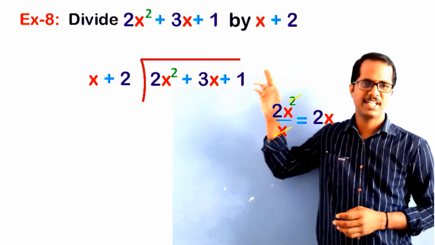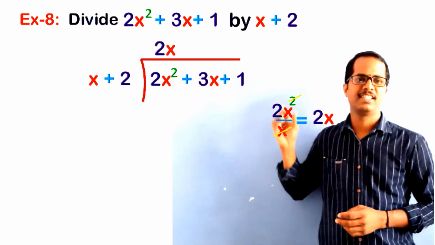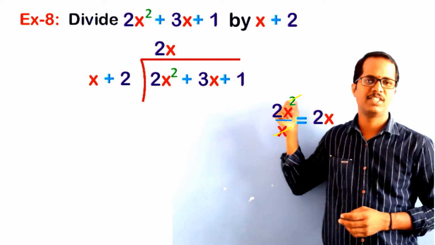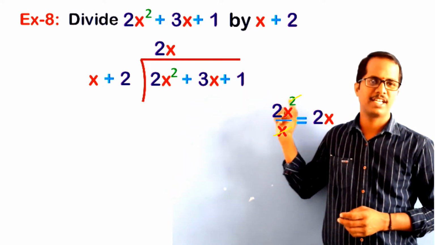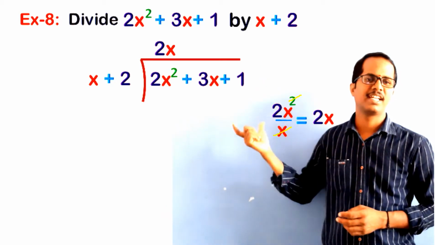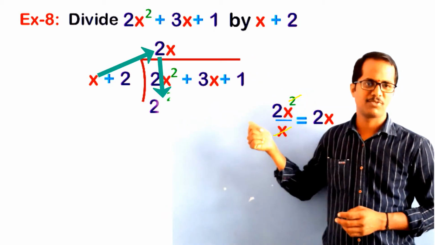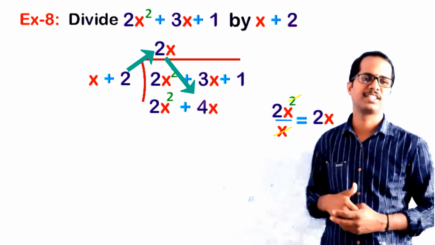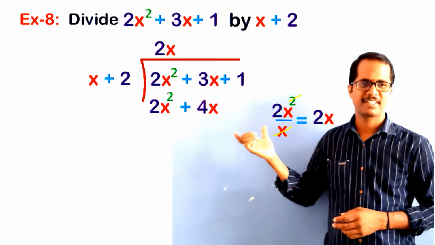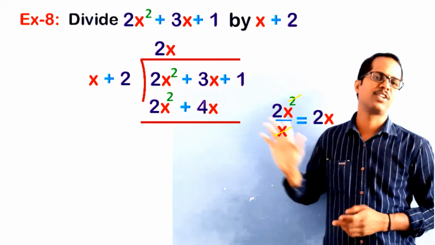Let us write 2x in the quotient and multiply this 2x with the divisor, that is x plus 2. By multiplying, x into 2x equals 2x square, next plus 2 into 2x equals plus 4x. So we get the product as 2x square plus 4x.